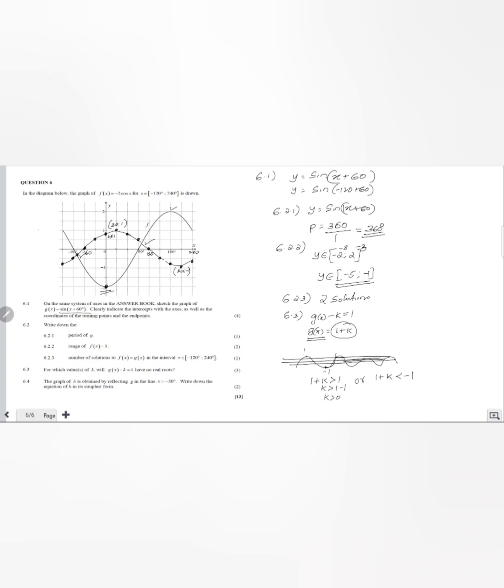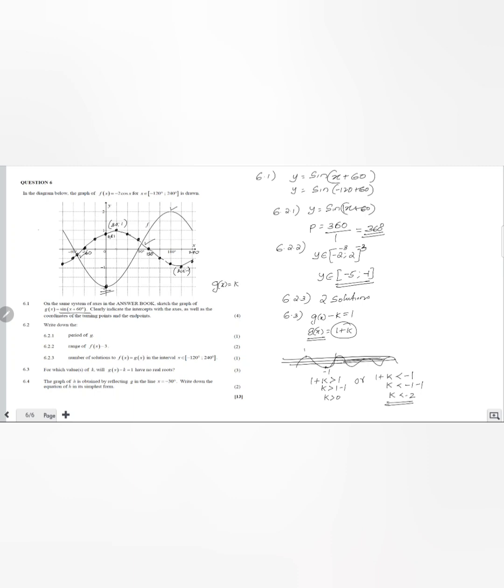Whatever that number is, that horizontal line never touches the graph. So there is no solution. So from here we can solve and find the value of k. That is k less than minus 1 minus 1, that is k less than minus 2. So we are done. So this is how we do this question. Is it clear? Okay, so you need to know questions like g of x is equal to k.